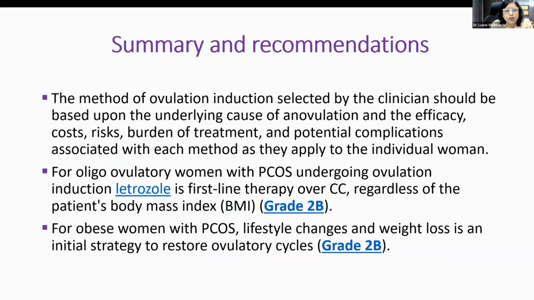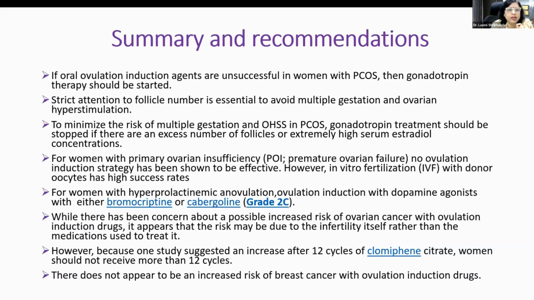For oligoovulatory women with PCOS who are undergoing ovulation induction, letrozole is the first line therapy over clomiphene citrate regardless of the patient's BMI. For obese women with PCOS, lifestyle changes and weight loss is an initial strategy to restore ovulatory cycles. If ovulation agents are unsuccessful, then gonadotropins should be considered.